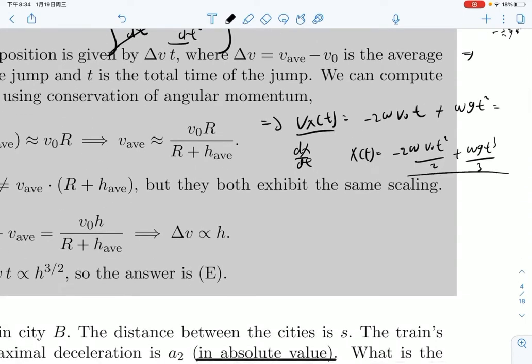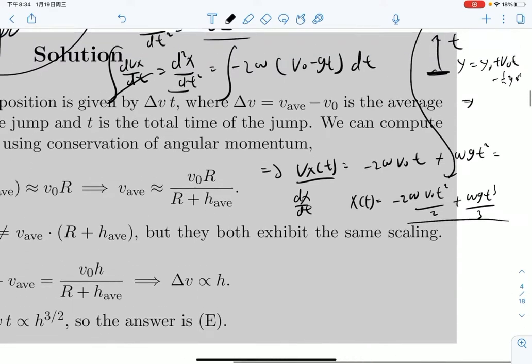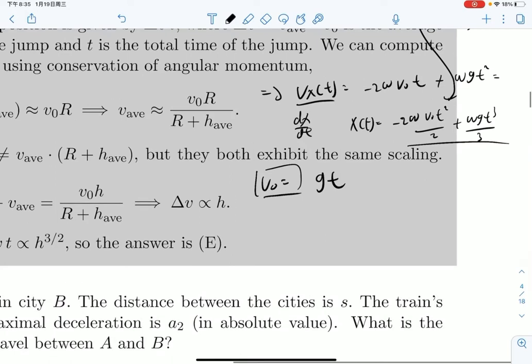So now, if we plug in, we know that v0, the initial velocity, is equal to g times t, because when you go from the lowest point to the highest point, the highest point has a final v to be 0. So basically v0 minus gt is equal to 0. You will have v0 is equal to gt.